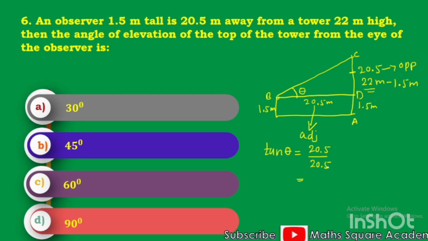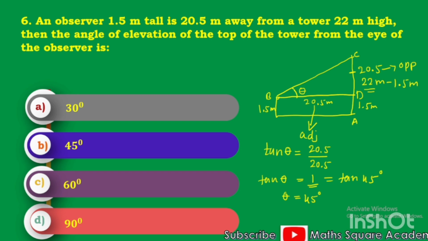So this answer is 1. So tan theta is equal to 1. For which value of angle is tan theta 1? That is tan 45 degree, the answer is 1. So you compare, therefore theta equals 45 degree.